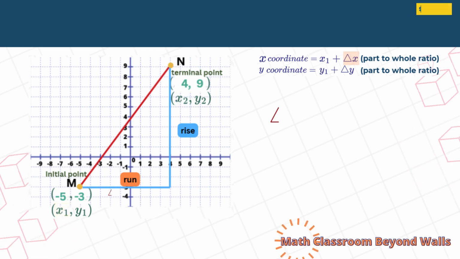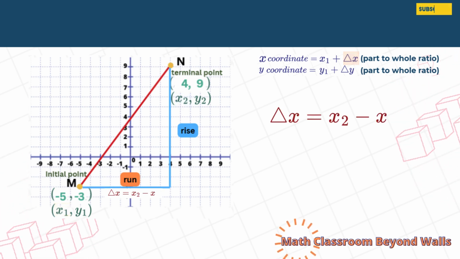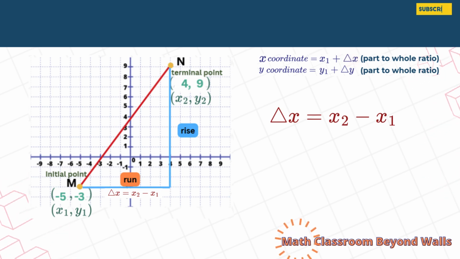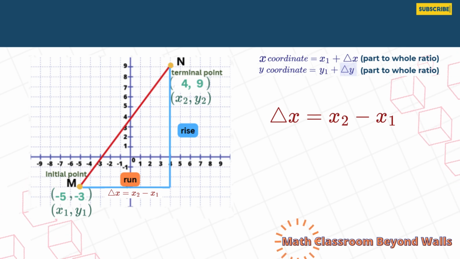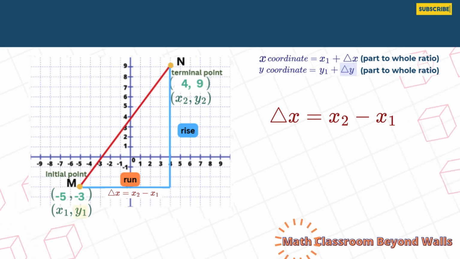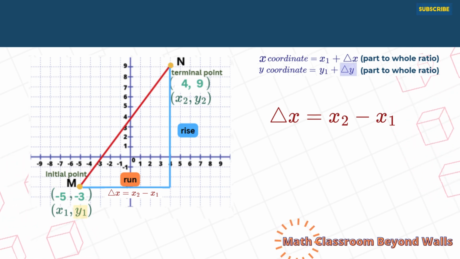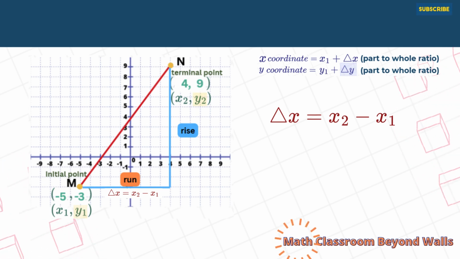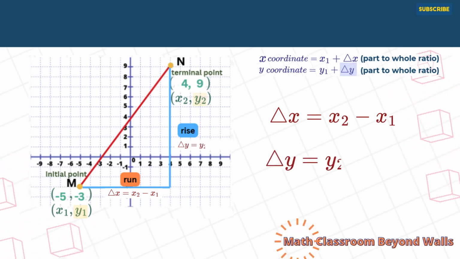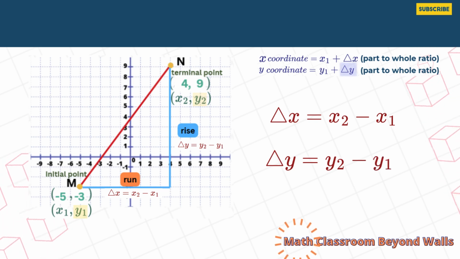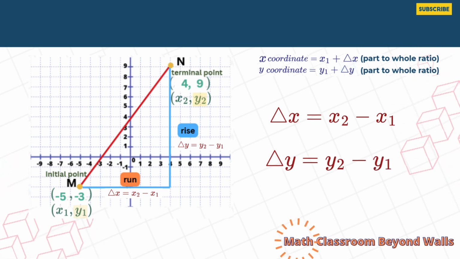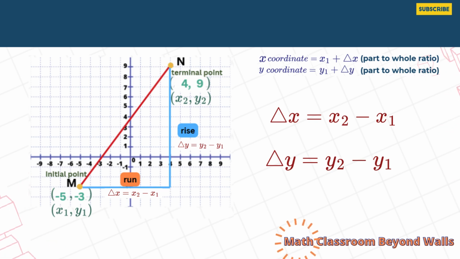Thus, change in x is equal to x2 minus x1. In like manner, to get the change in y, we have to subtract y1, the y coordinate of the initial point, from y2, the y coordinate of the terminal point. Thus, change in y is equal to y2 minus y1. So far, we have discussed all the terms that are on the formulas.